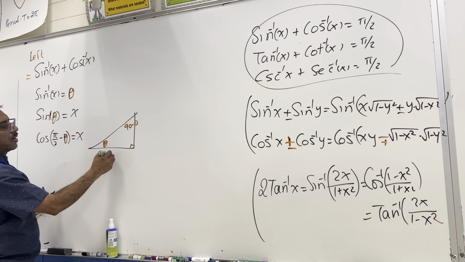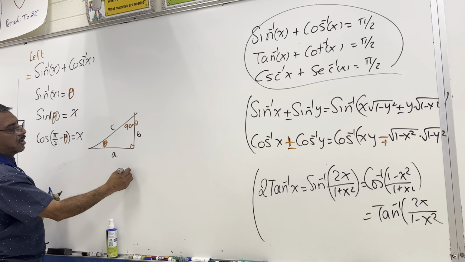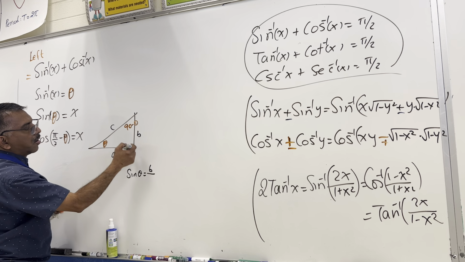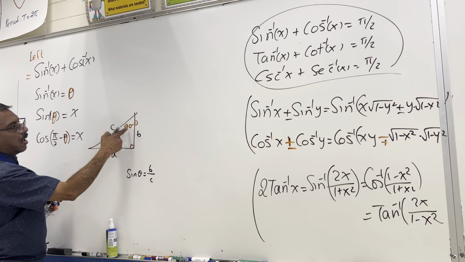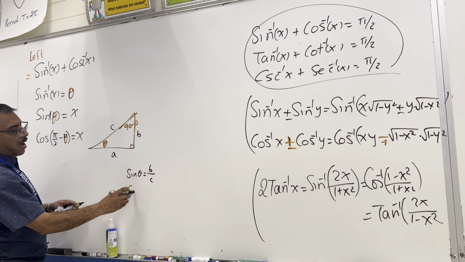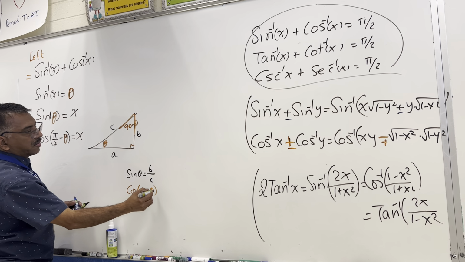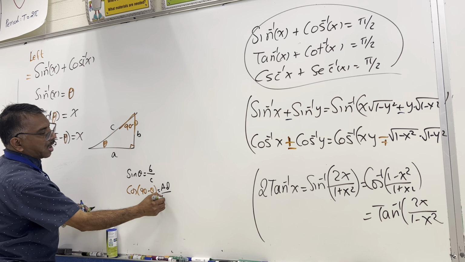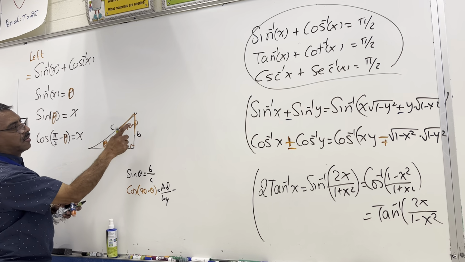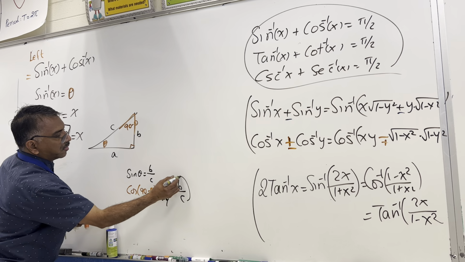If I call this A, B, and C, and I write sine theta, sine theta is B over C, opposite over hypotenuse, and I can think of this angle, that means cosine of 90 minus theta, and cosine is adjacent over hypotenuse, and here the adjacent for this angle is this B, so you get back B over C, and it's the same thing.